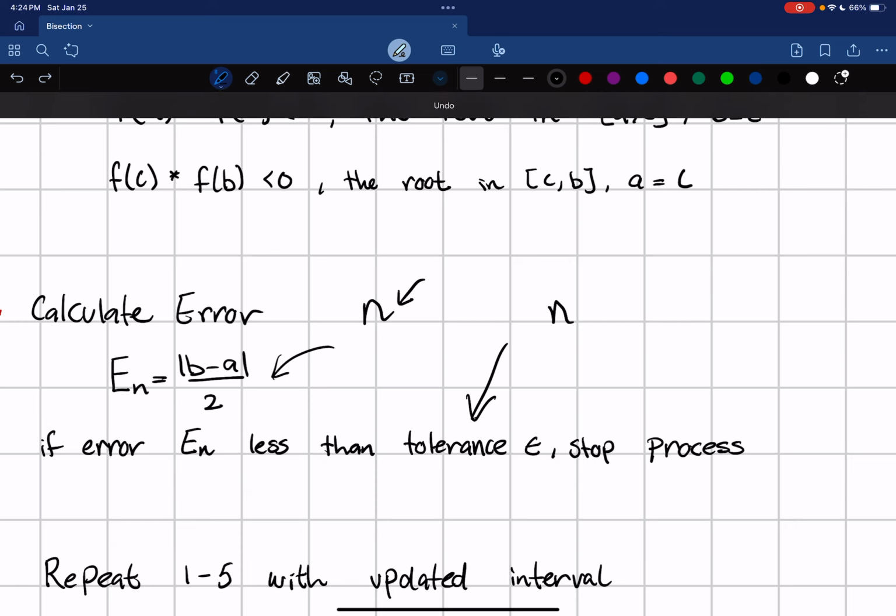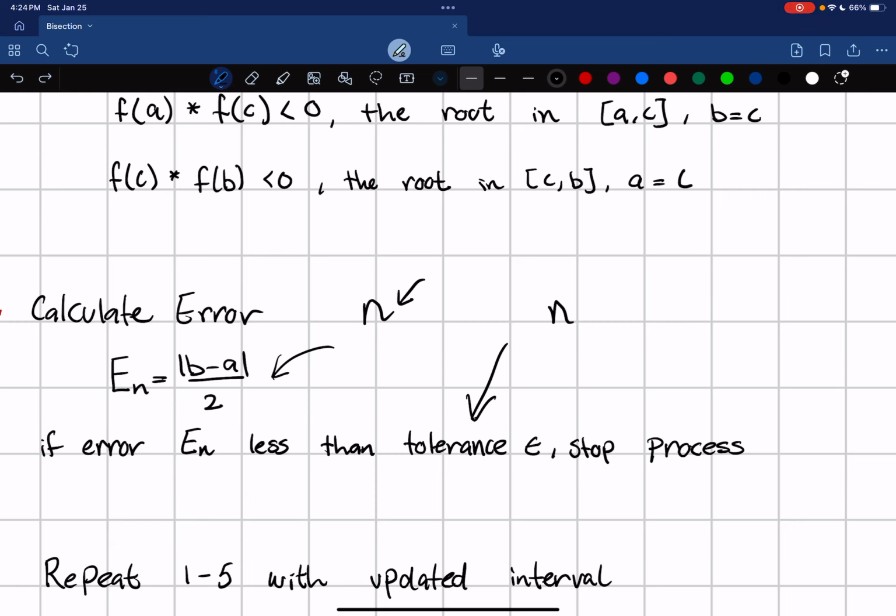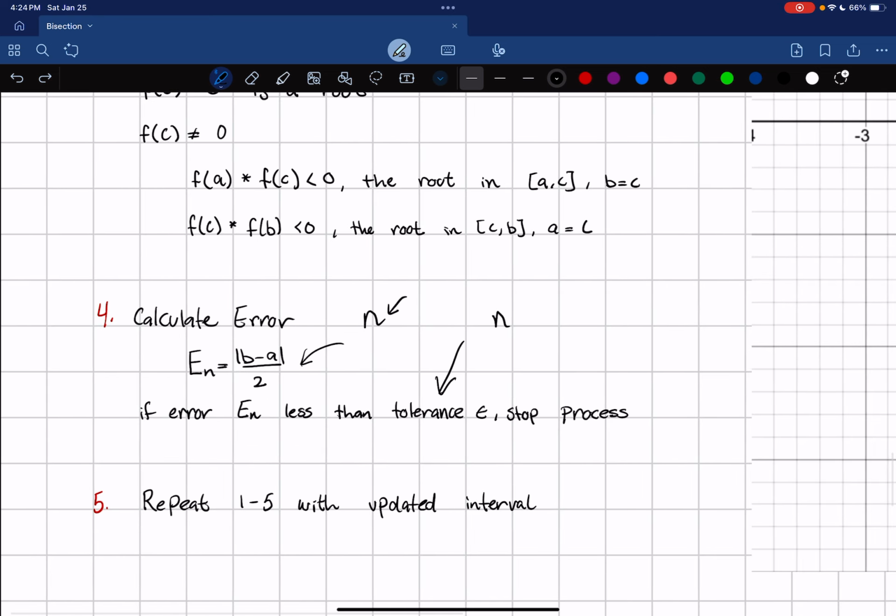That means the function simply doesn't converge. There's something wrong. Okay? But obviously, if you've made sure it's continuous and it's positive, negative, there should be a root. This is just an early exit condition. And that's how you can calculate your n. And that's how you can calculate your error as well.